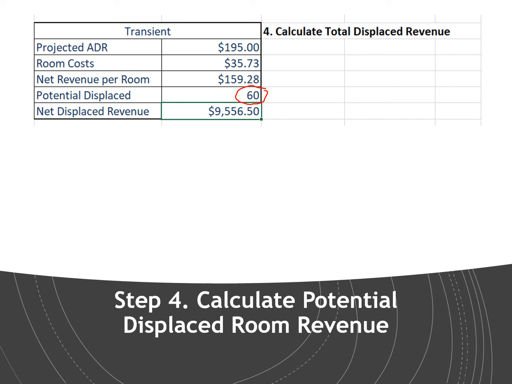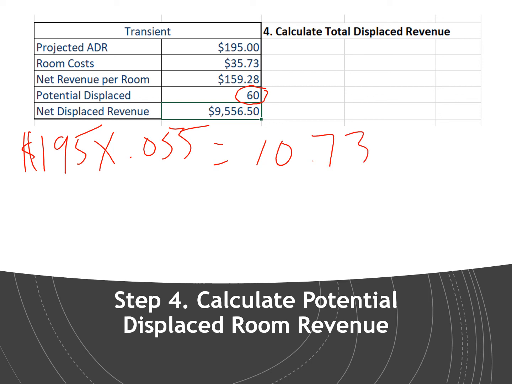So because our rate is higher, when we multiply that by 0.055, the fees are the same. In that case, we're actually going to get $10.73. Okay. And when we add that to our $25 variable cost, that variable cost is the same whether we sell it to a group person or whether we sell it to a transient person.